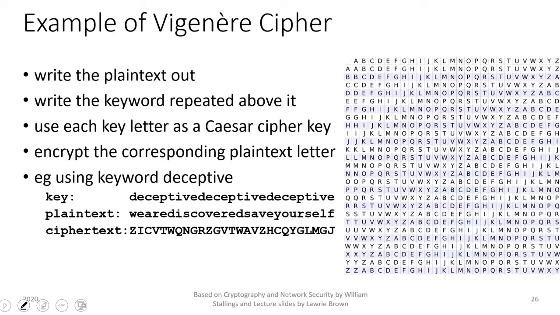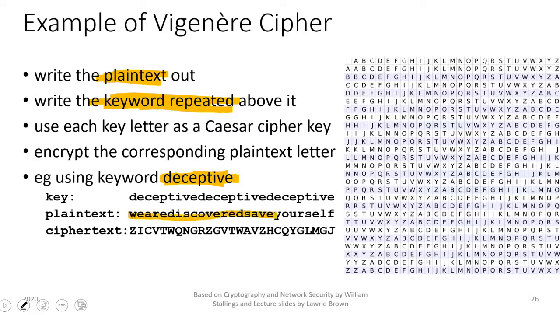We would first write the plain text. With the plain text, we may have a particular keyword. Say this is the keyword that we have. Then we need to repeat the keyword for the whole length of the plain text.